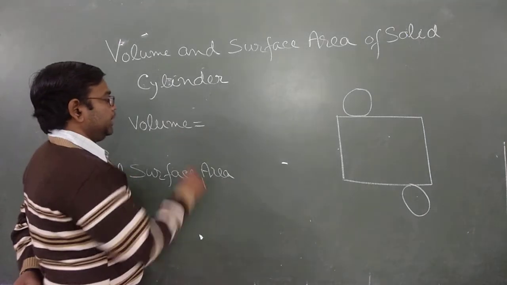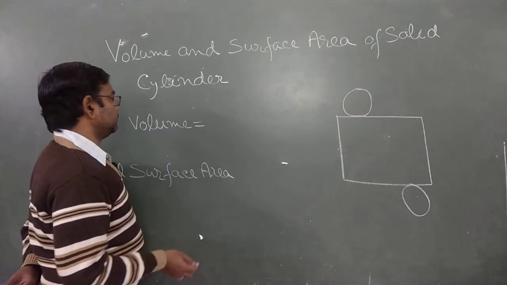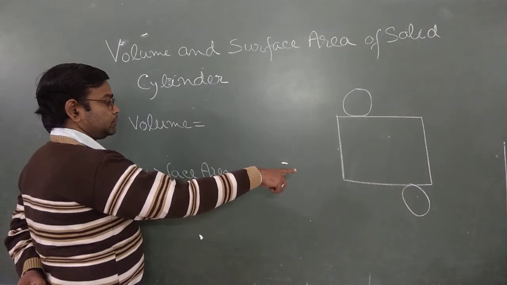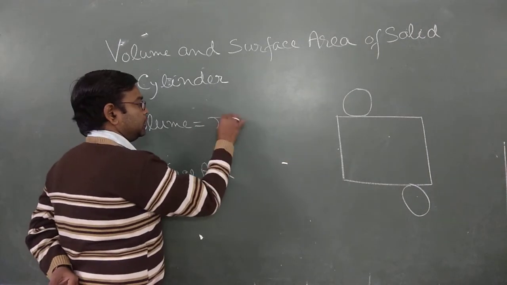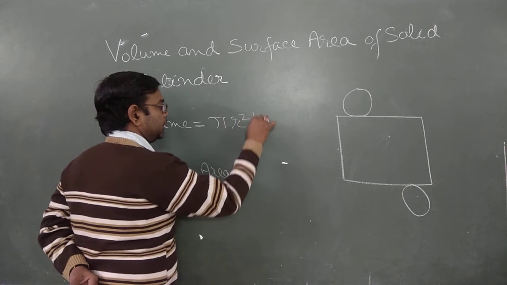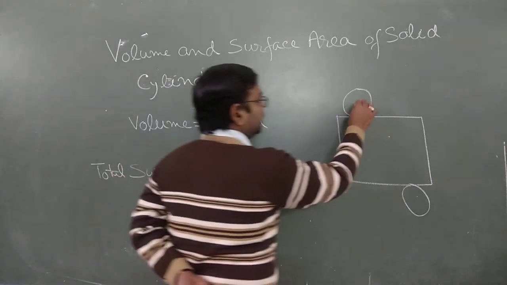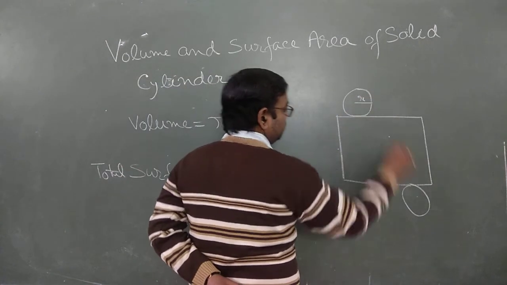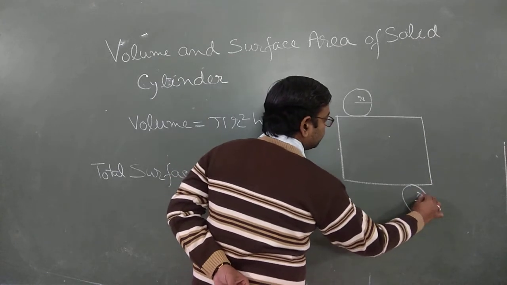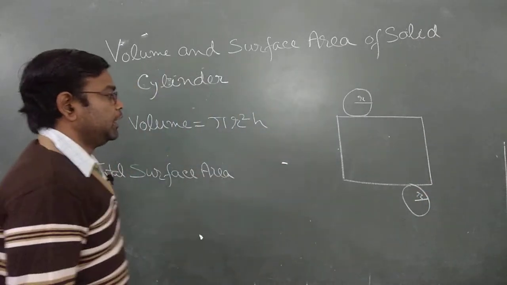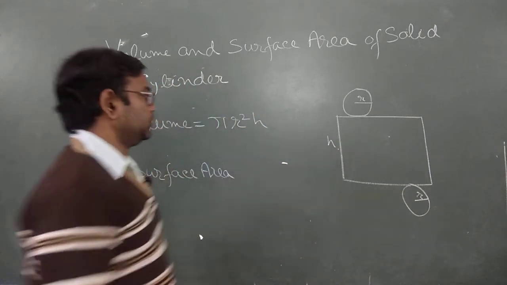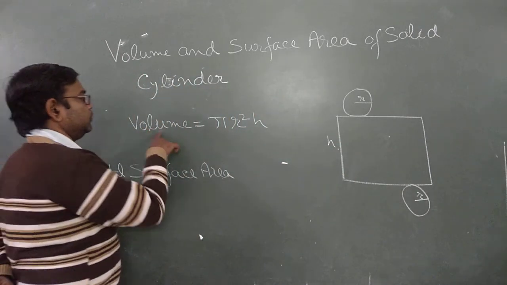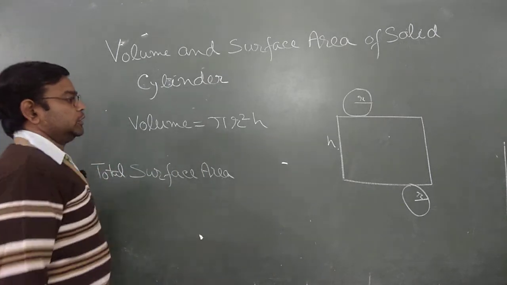The volume of a cylinder is pi r square h, where r is the radius of the circle, both having the same radius, and h is the height. Clear? So its volume is pi r square h.